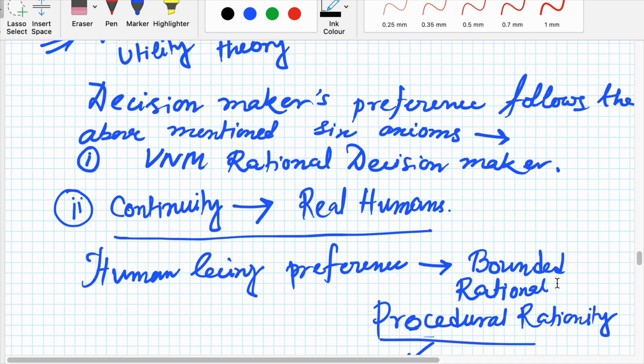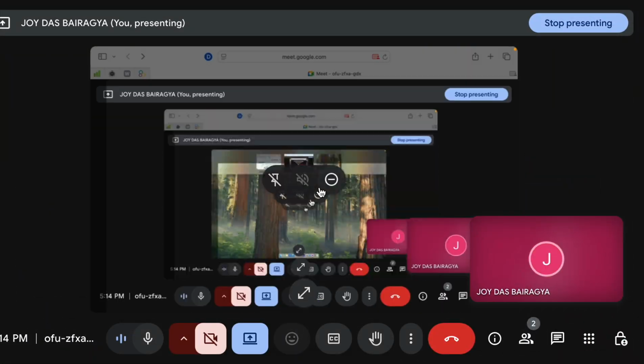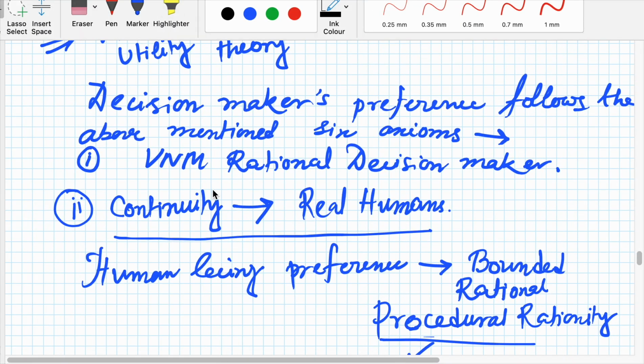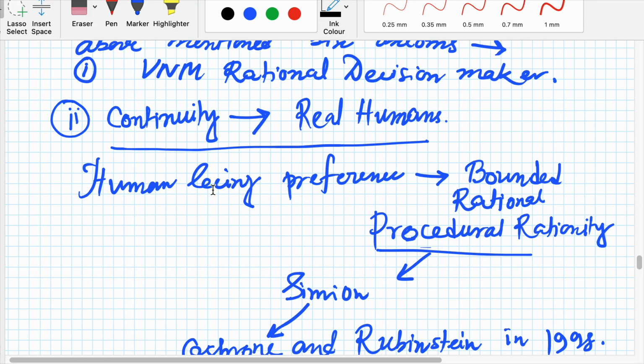This is what we have learned, and then we have also learned that many individuals in the actual real world often fail to follow the axioms of VNM expected utility, as VNM expected utility suggests that their preferences are deterministic.